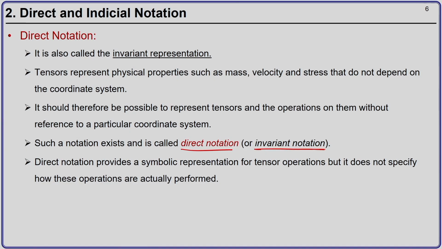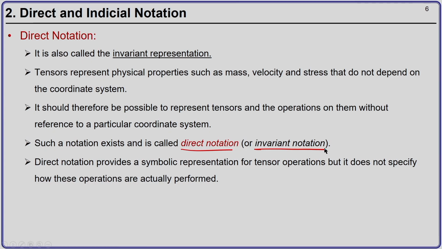But we do define a coordinate system. So, there should be a way to represent tensors and their operations without referring to any particular coordinate system. This kind of notation, which is used to represent tensors and their operations without referring to the coordinate system, is called the direct notation, or the invariant notation.